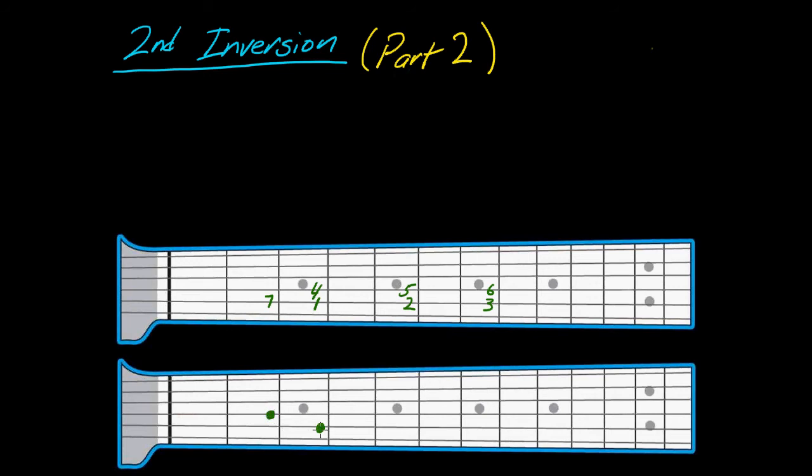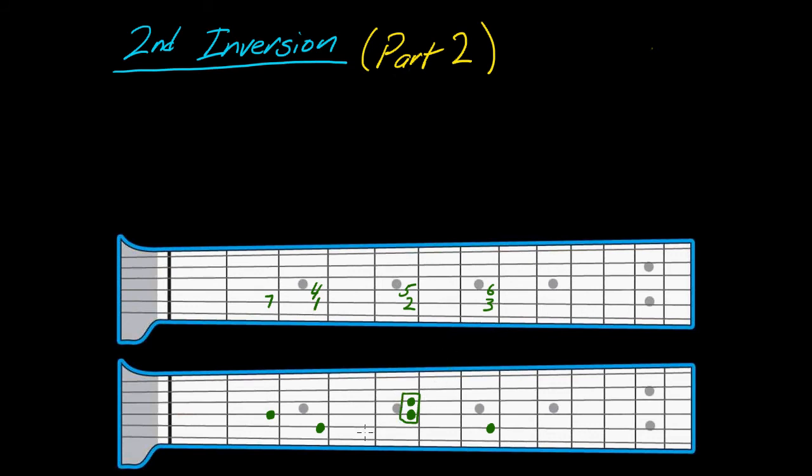Then you're going to play the first inversion of this, which looks like this. And then to play the second inversion, all you do is go to where the note left off from the first inversion, and you just go down 1 string, bar these 2 together, right?